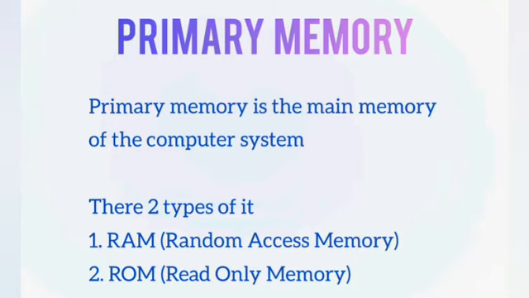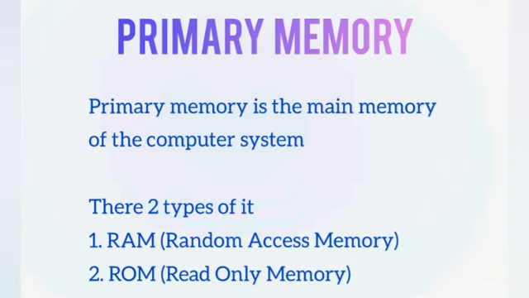The primary memory is a semiconductor memory. It is costlier compared with secondary memory. The capacity of primary memory is very much limited and is always smaller compared to secondary memory.